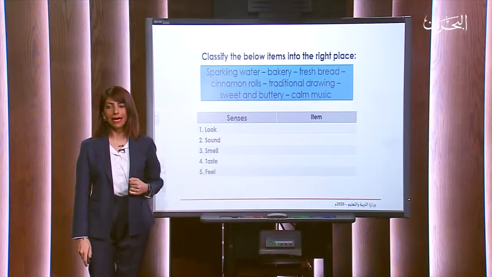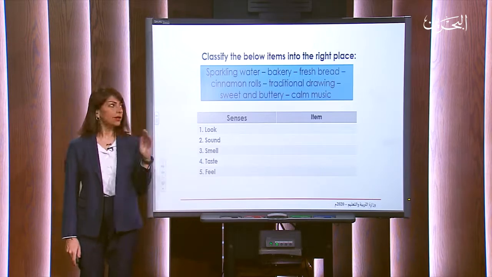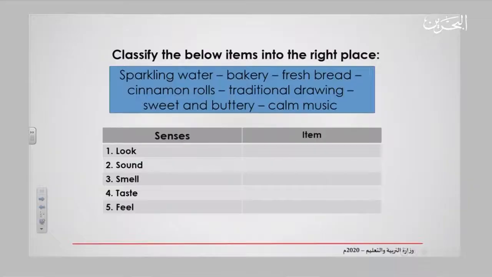I will give you a task related to the sensory details. You can see here at the blue box, you have some items or some words. I will ask you to classify these words into the table that you have down. You have 5 senses and you have to classify the items into the table.